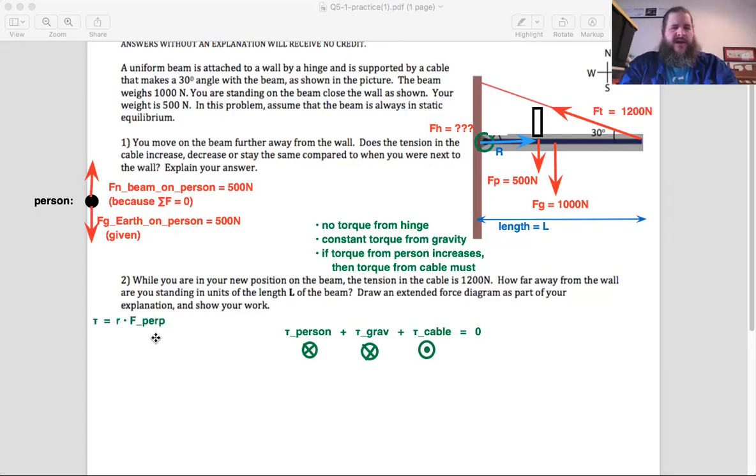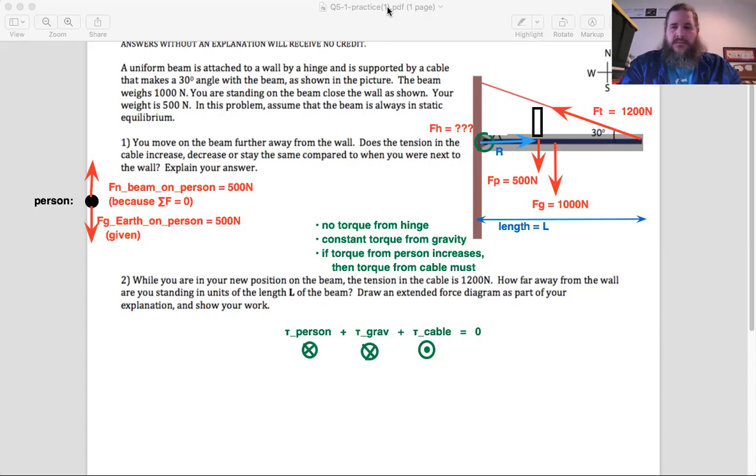Or you could write it as the force times the perpendicular component of the radius. Or alternatively, what I usually consider the more universal or more general formula is the radius times the force times the sine of the angle between them. Let me go get a theta here.